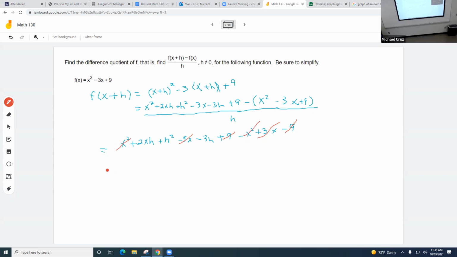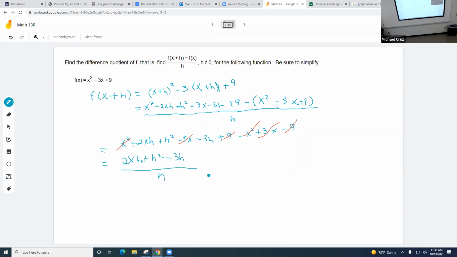All we're left with is things with h's in them, which is 2xh plus h squared minus 3h, all over h.